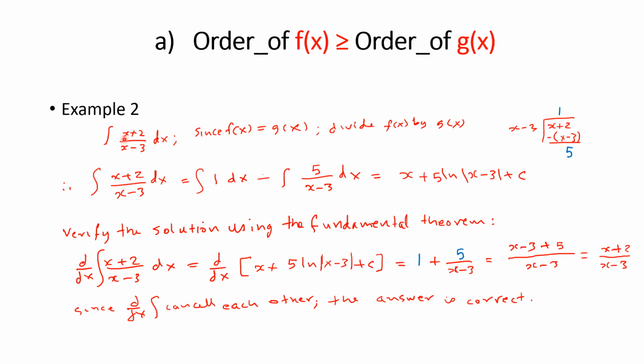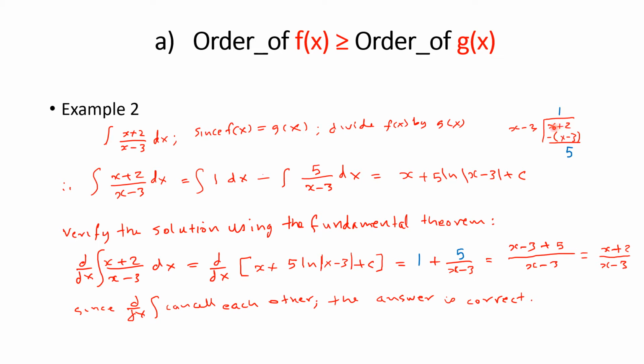By equal we mean the order of the equation. The order of the numerator is 1 and the order of the denominator is 1. Since f of x is equal to g of x in order, divide f of x by g of x. So we do regular division: x plus 2, that's f of x, divided by g of x, which is x minus 3.